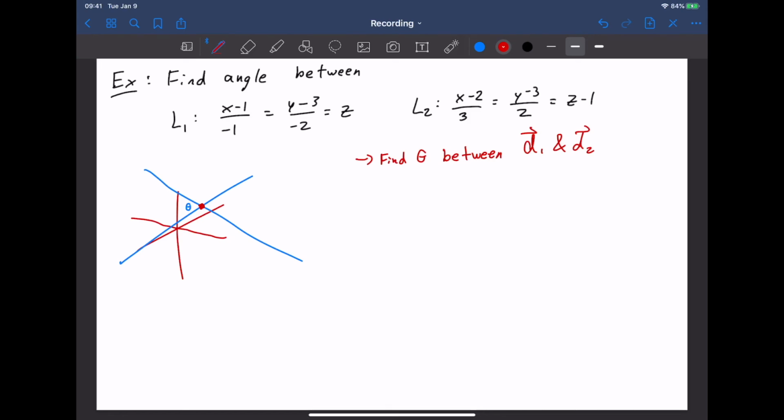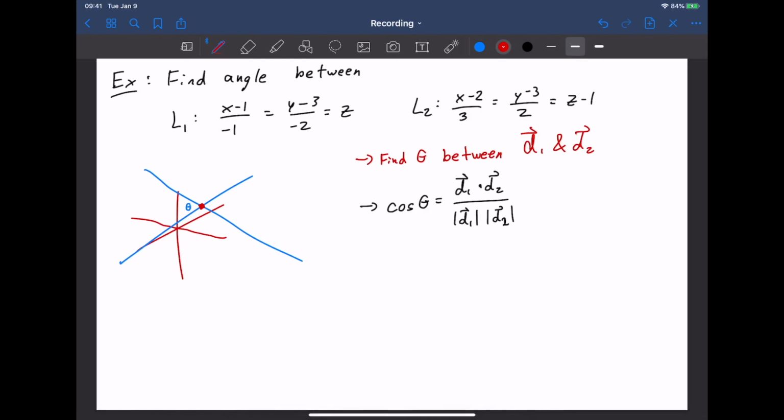How do you find the angle between two vectors? This is a quick review. If you can't answer this question right now, you're forgetting key important details. The way we define angle in 3D between two vectors, cosine theta equals, if that didn't ring a bell, we're going to do the dot product between the two direction vectors, and then we're going to divide by the product of their magnitudes.